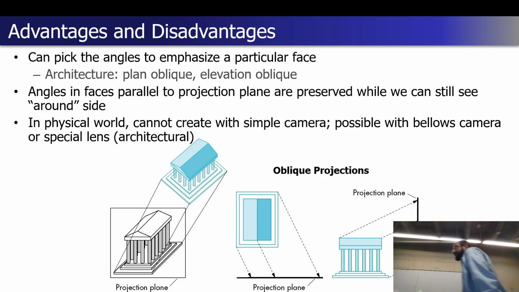When you're rendering a scene or drawing something, it depends on what you want to emphasize. Sometimes you really want to display what the front of the house looks like, equally proportioned to what it would be in reality, and then you may want a front plane oblique view of an object.